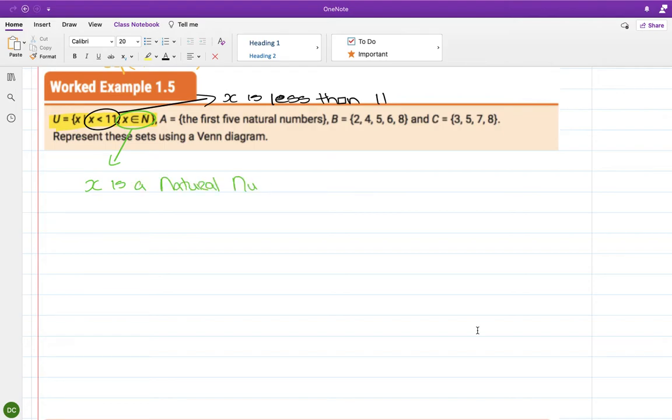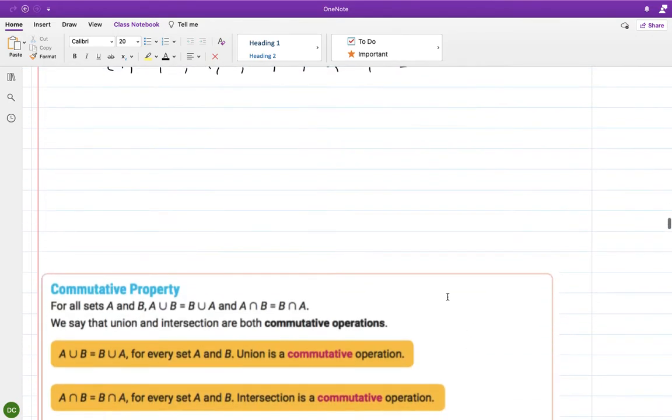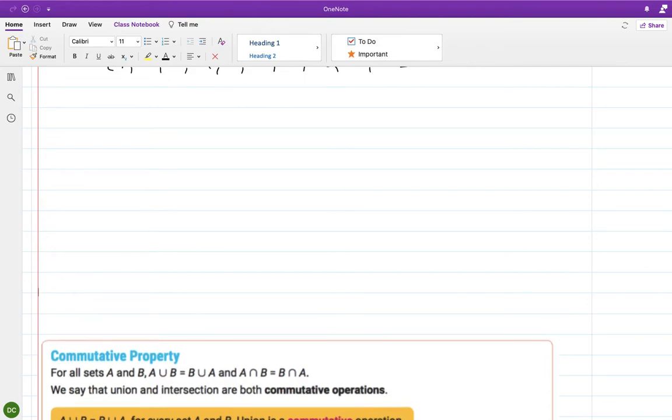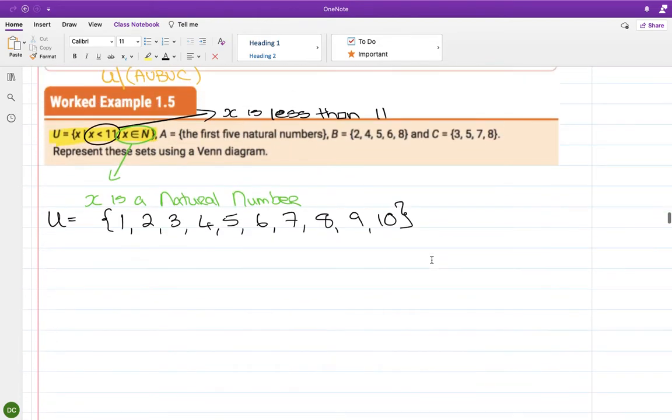Okay, and remember natural numbers are positive whole numbers that start at 1. Okay, so we can then take that notation apart and we know that they're talking about 1, 2, 3, 4, 5, 6, 7, 8, 9, 10. So they are natural numbers less than 11.